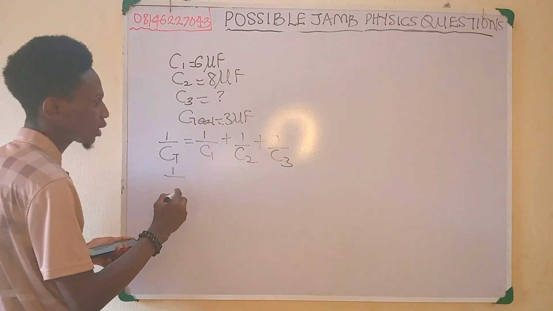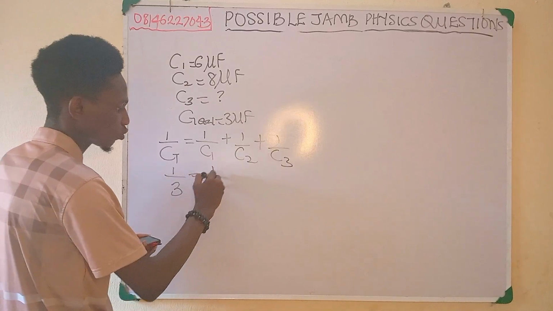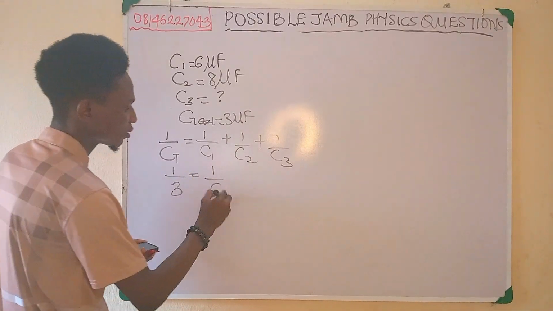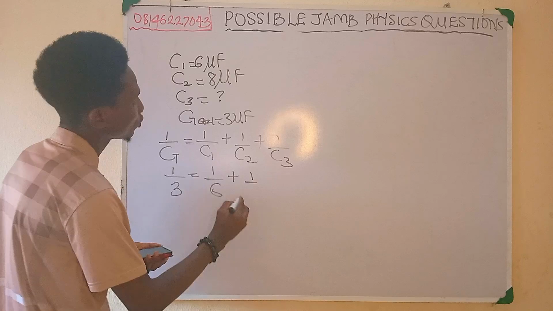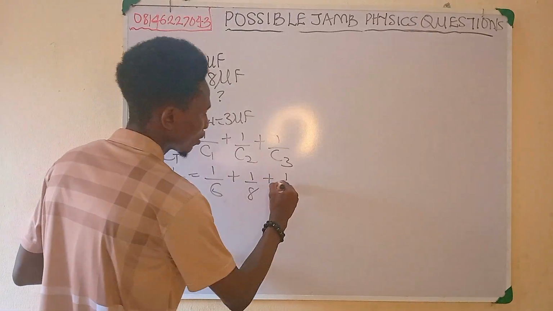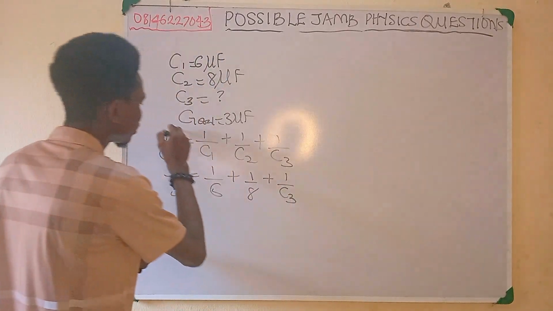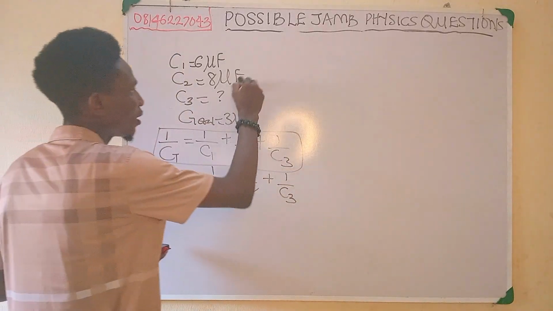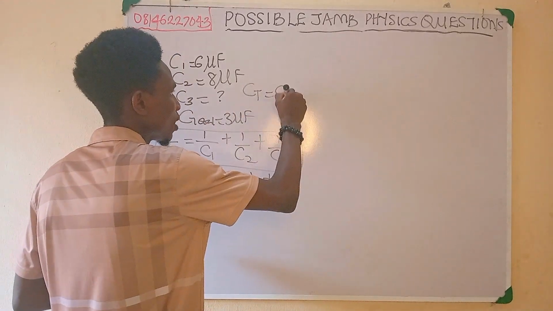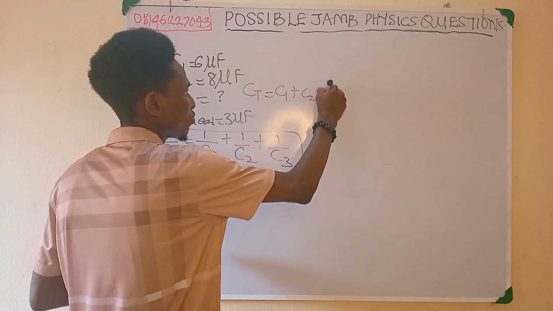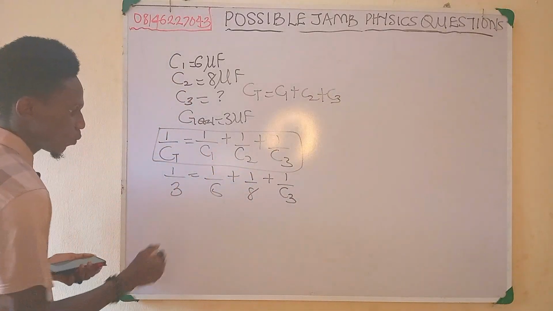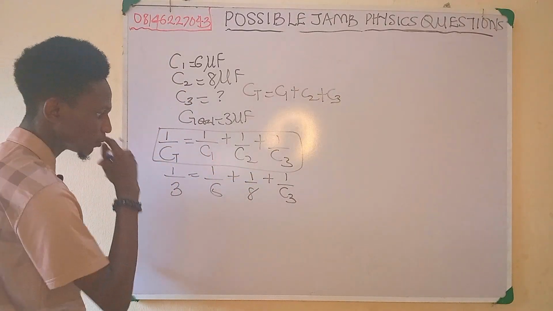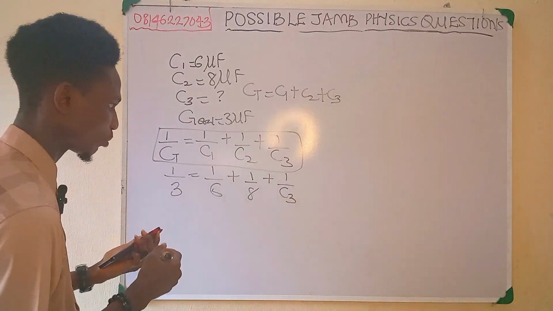So we have the total capacitance, 1 over 3 equals 1 over C1, which is 6, then 1 over C2, which is 8, then plus 1 over C3. This is how to calculate total capacitance in series. Please take note, for parallel, C total equals C1 plus C2 plus C3. Now, 1 over 3 equals 1 over 6 plus 1 over 8 plus 1 over C3.